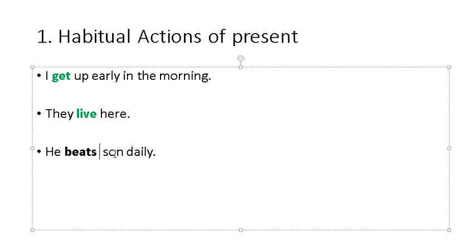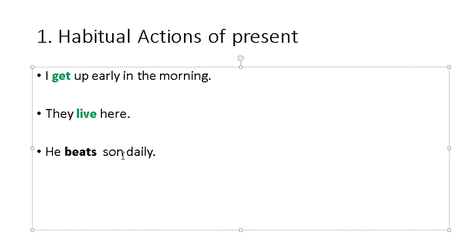Now all these are present indefinite tenses, and we use them here because this is our habitual action, or we are talking about our routine work. If I ask you, tell me about your daily routine, whenever you tell about your daily routine, you will be using present indefinite tense. So one situation is this one.